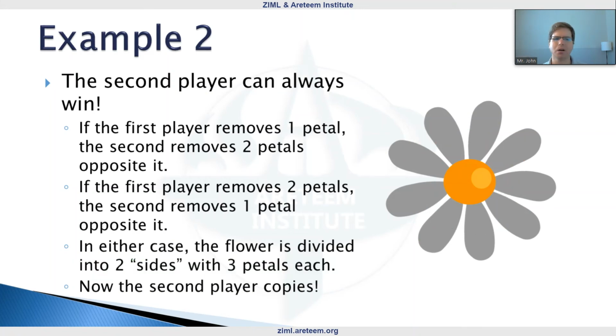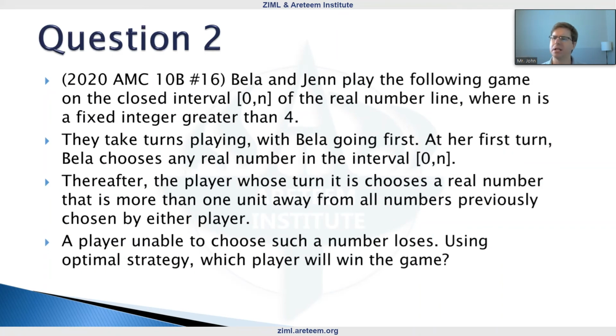So as our second question, this is actually an AMC 10 question from this year. Bella and Jen play the following game on a closed interval 0 to n. So this is the real number line. We have some number, at least 4, and then they're picking numbers on this number line that could be short, could be longer.